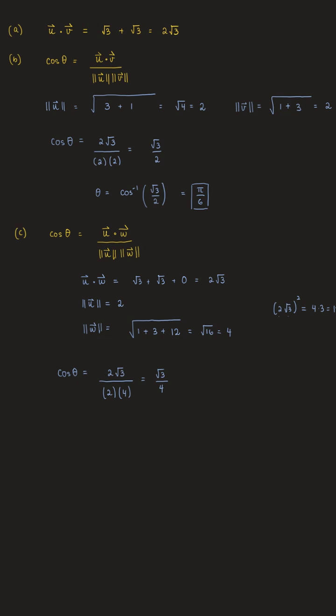This is not one of our special angles, so we would need a calculator to figure this out. If you do cosine inverse of root 3 over 4, you will find that this angle in radians is about 1.12. And if you use degree measure in your calculator, that's about 64.3 degrees. And we have found the angle between u and w.